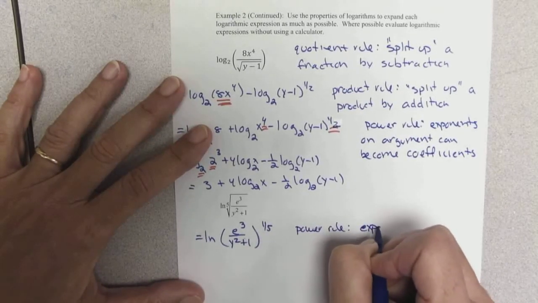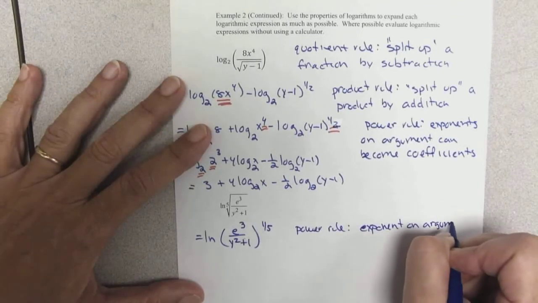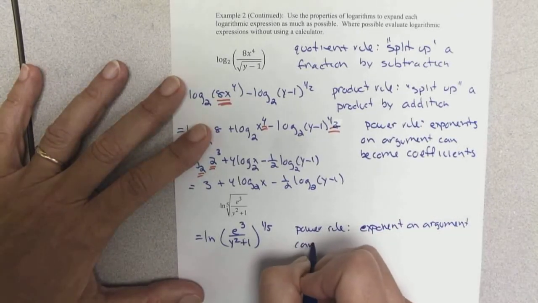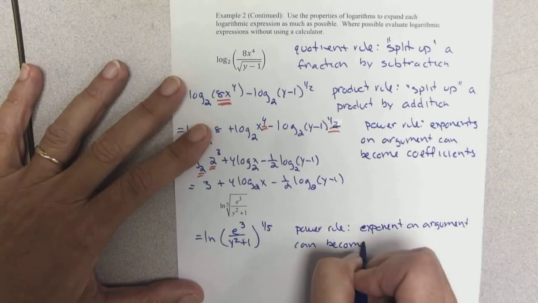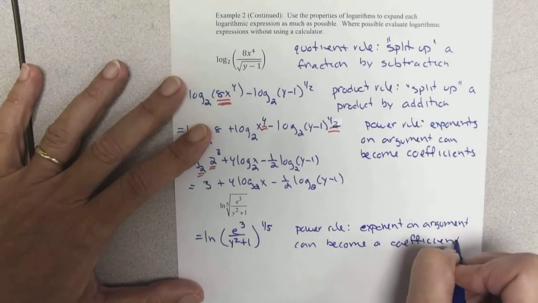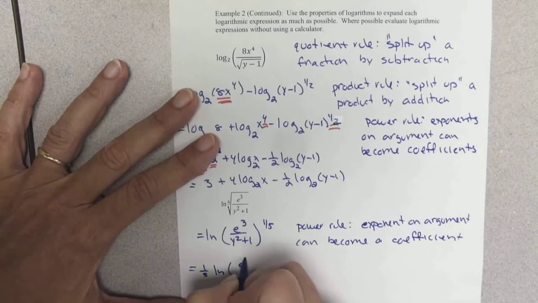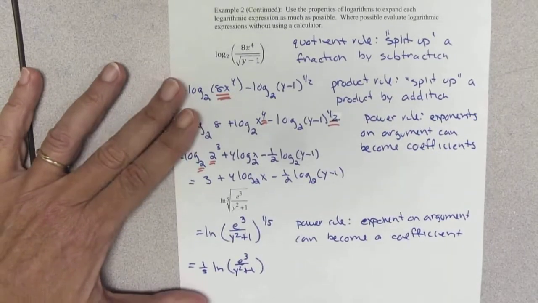An exponent on the argument can become a coefficient. So this is 1/5 times the natural log of e cubed over y squared plus 1.